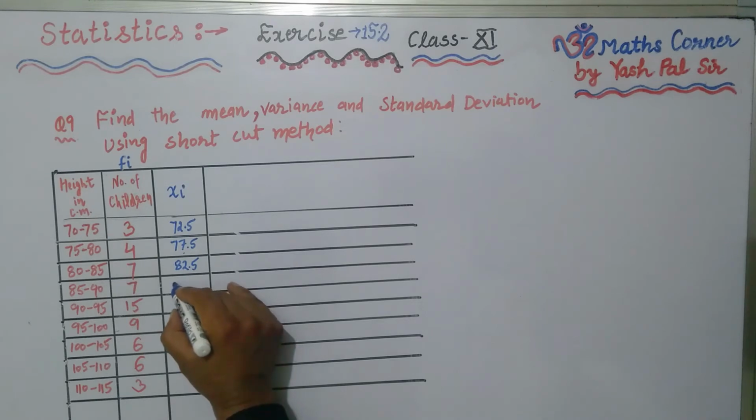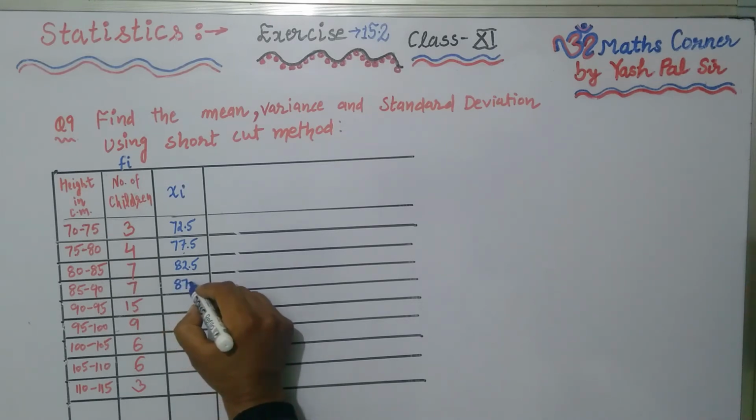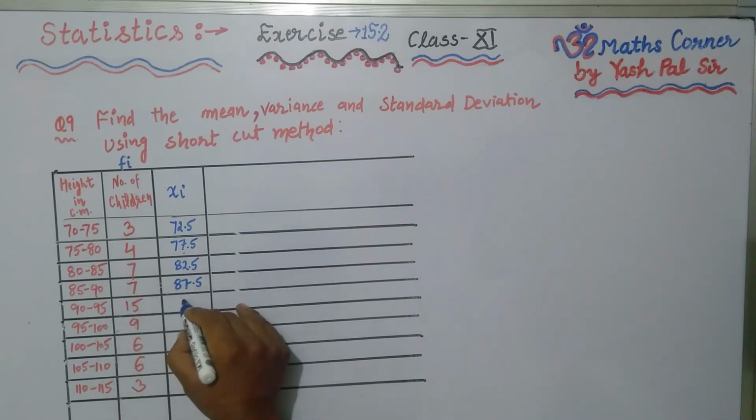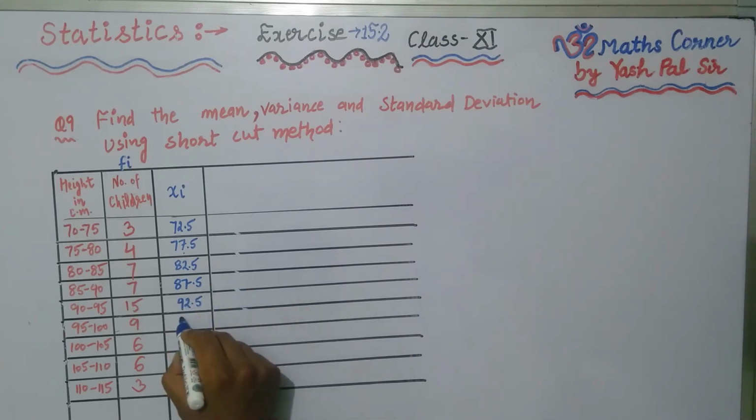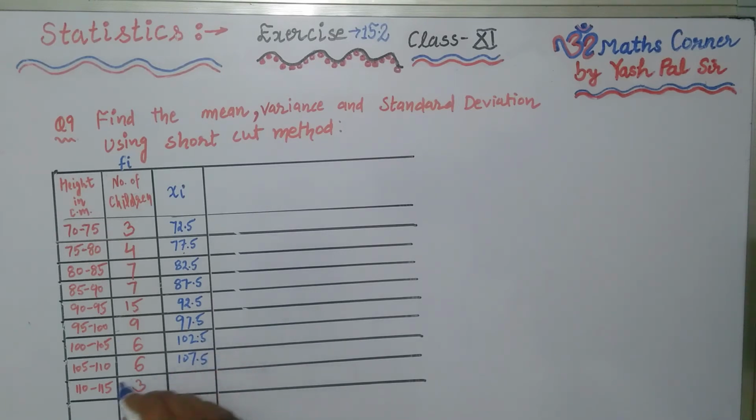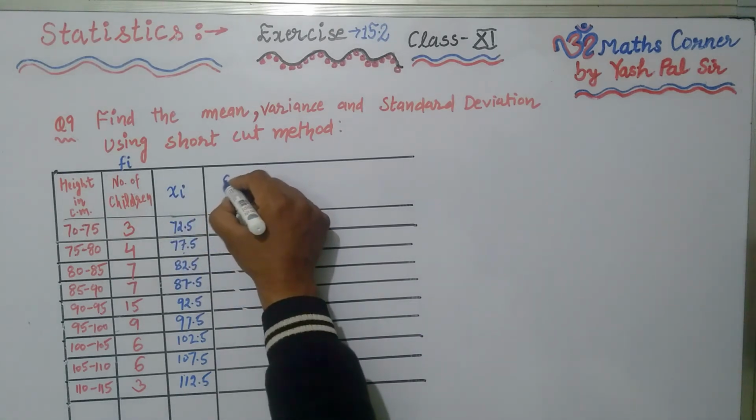Then 87.5, 92.5, 97.5, 102.5, 107.5, 112.5. Right? Now we shall find the value of di.